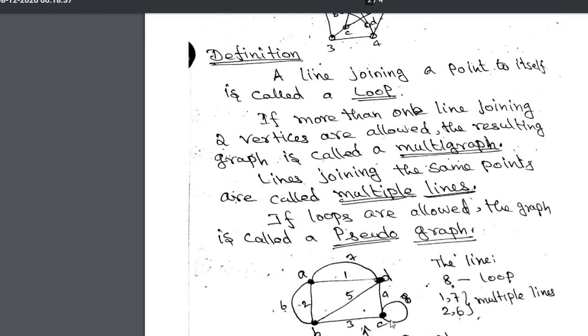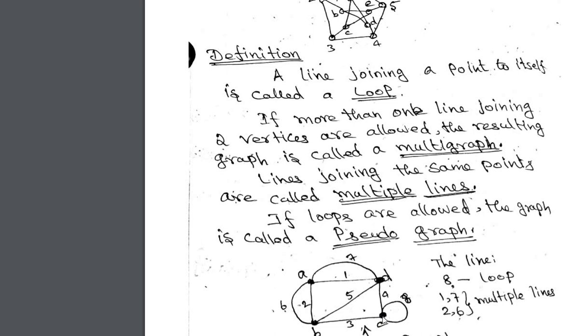So E is the point here, and the edge name is 8. So 8 is joining the vertex E to itself. So this is called a loop here. The line named 8 is a loop in this graph.